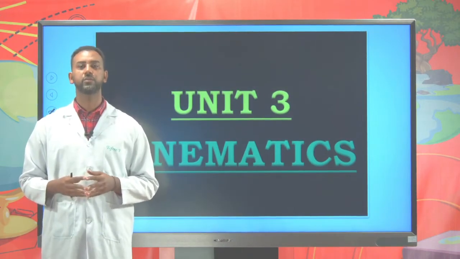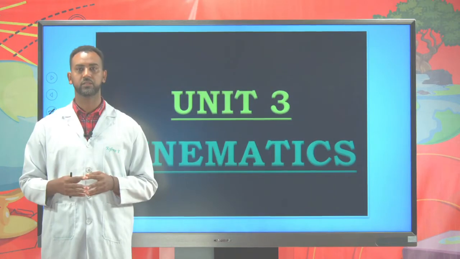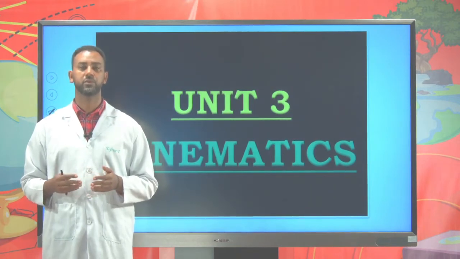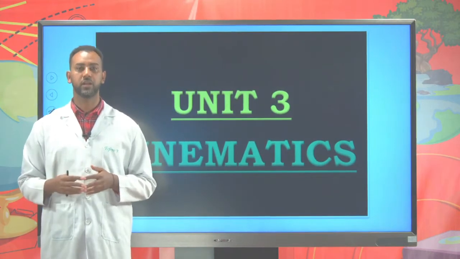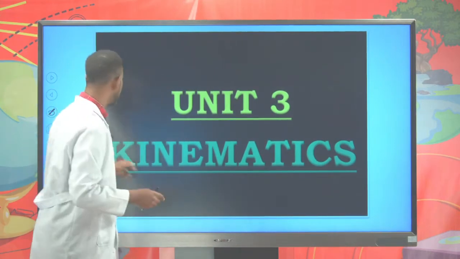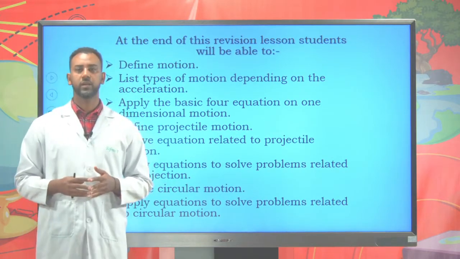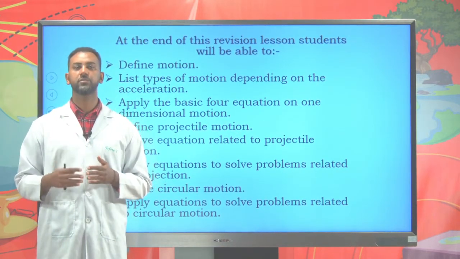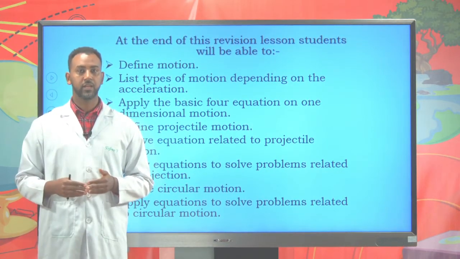And today we'll discuss the most important point about kinematics. In kinematics, we'll see one-dimensional motion and two-dimensional motion. In this unit, we'll define what motion is, and we'll see the different types of motion depending on the acceleration.